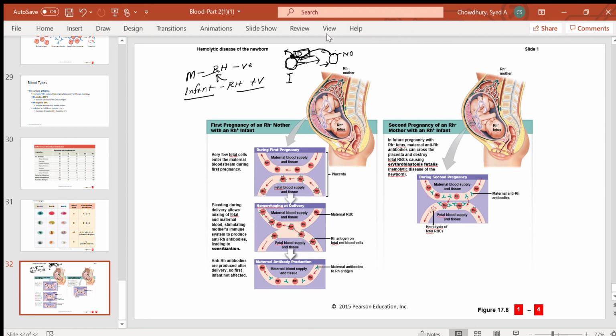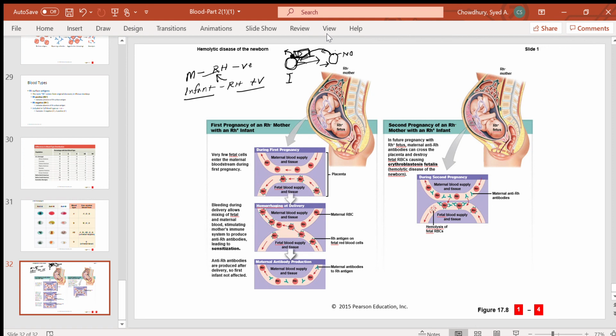Okay, in the first child, the child will usually not suffer from erythroblastosis fetalis, because developing a huge amount of antibody in the mother's body takes some time.